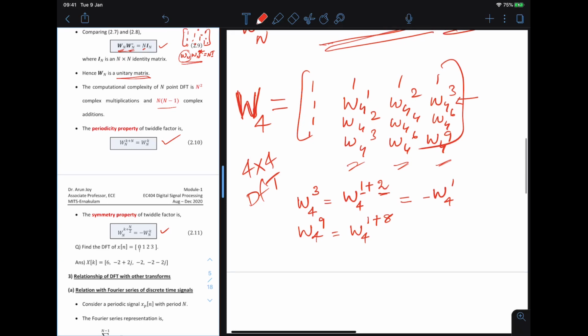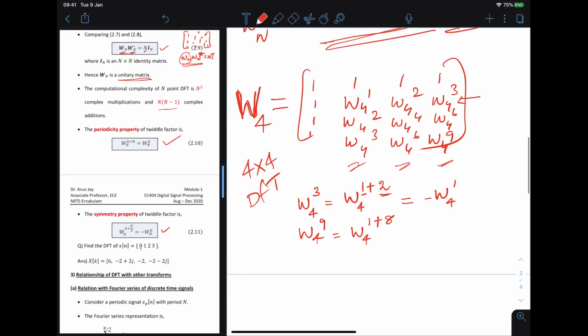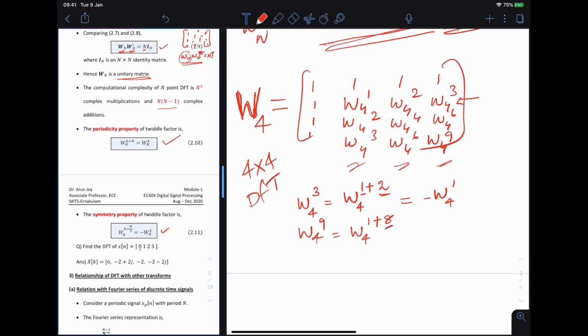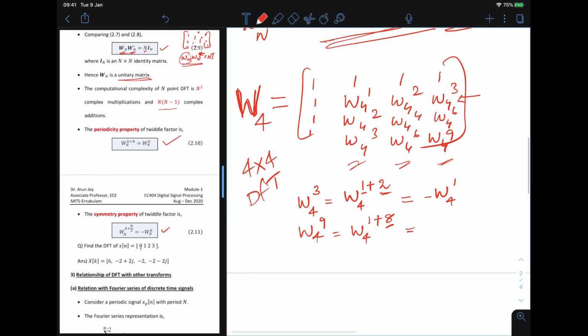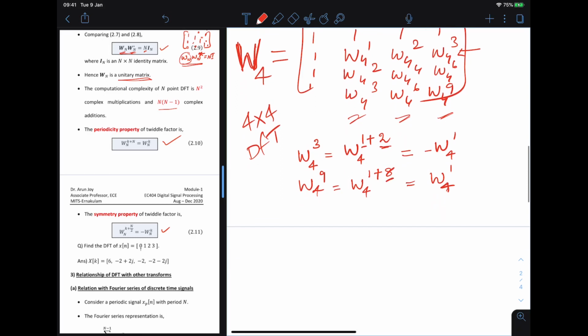So here this is equal to capital 2 into capital N. So here have a look at your periodicity property. I can write W4 raised to 1 plus 8 as the same as W4 raised to 1.